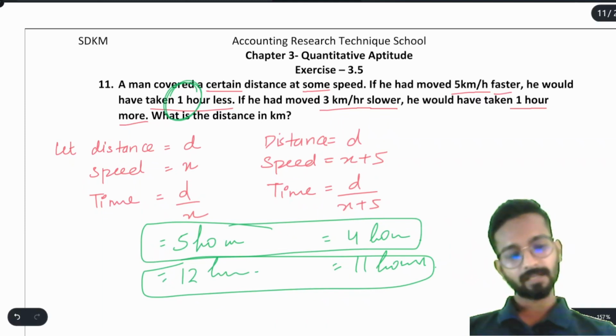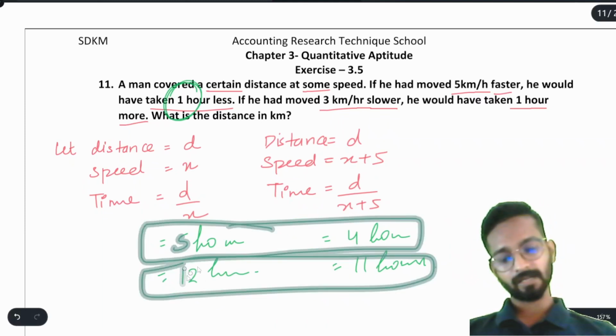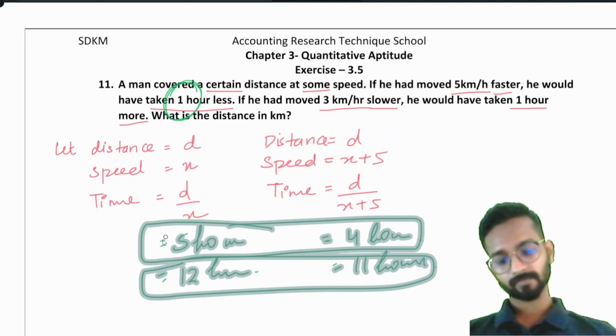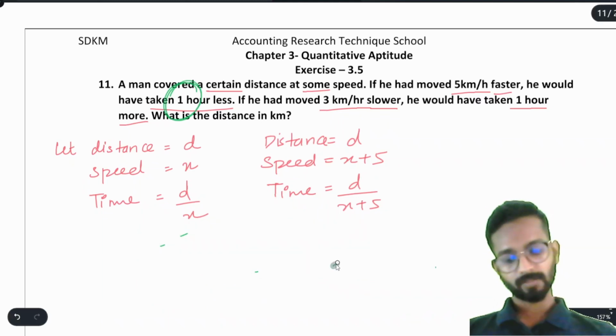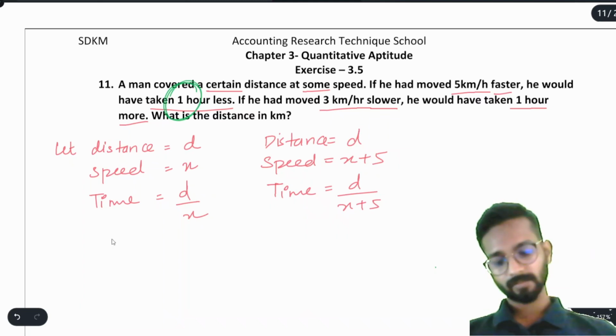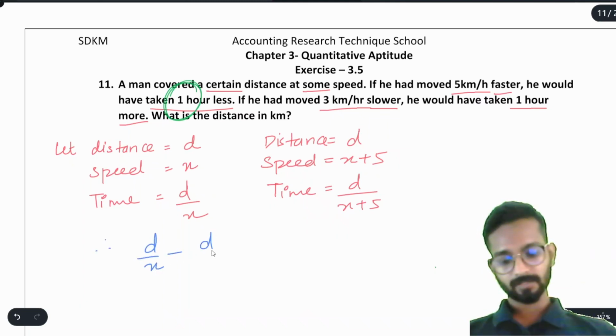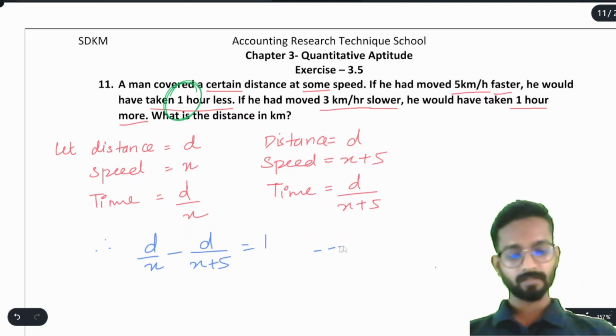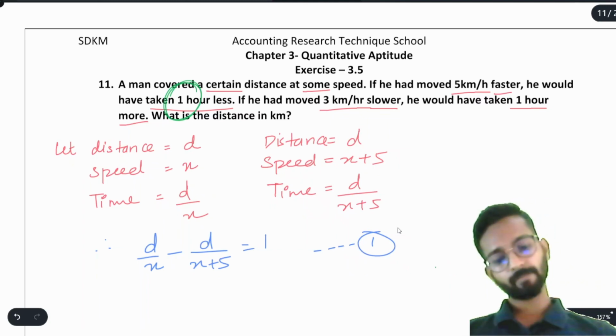So from that, I can derive an equation: d by x minus d by x plus 5 is equal to 1. This is your equation number 1. Now, what is it saying after that?